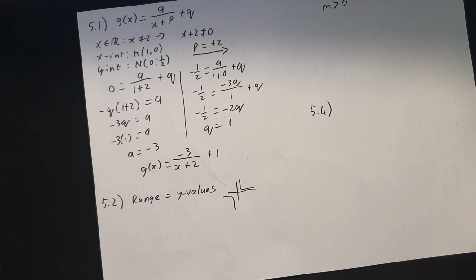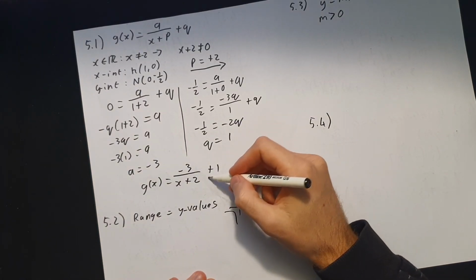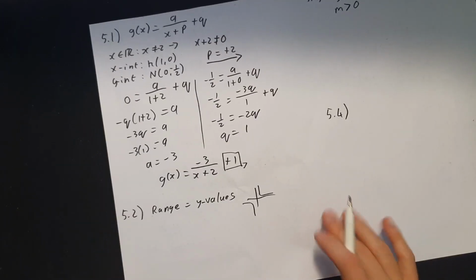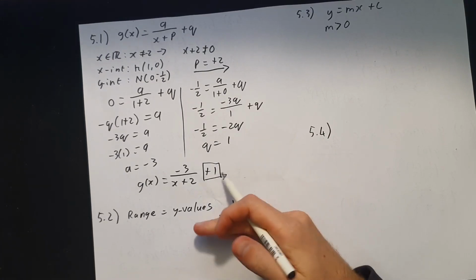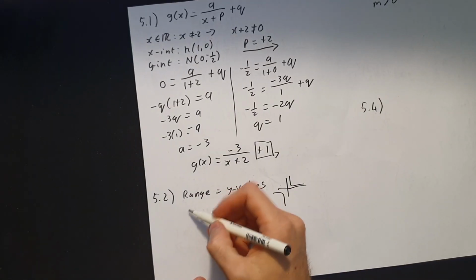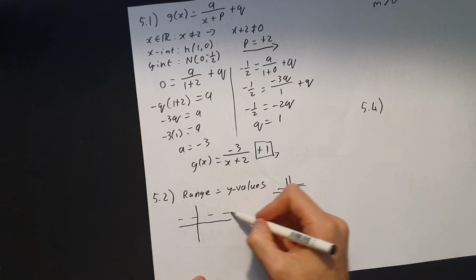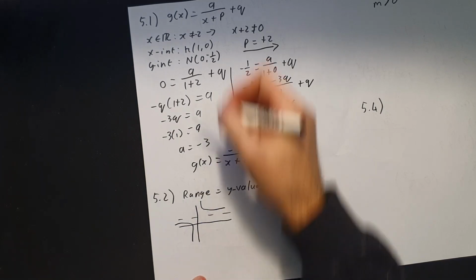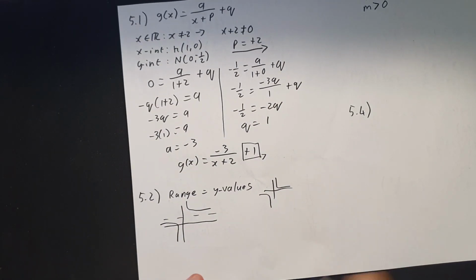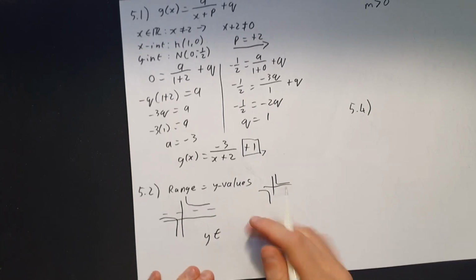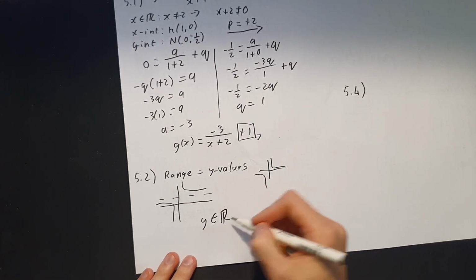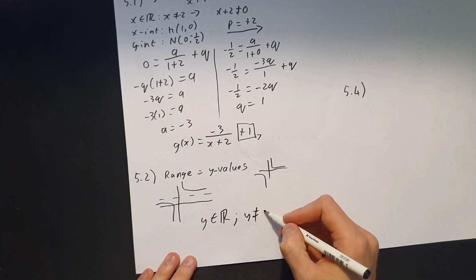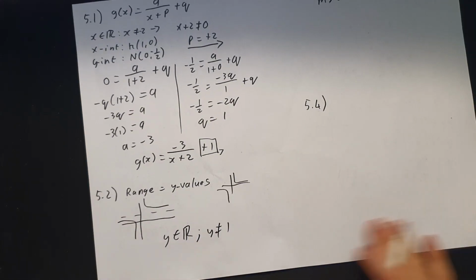The only thing limiting us is our y asymptote, which is the plus 1. All that's happened is we've shifted the graph up. So we're going from negative infinity all the way to positive infinity, and we don't include 1. So y is an element of real numbers, where y does not equal 1. Pretty straightforward.